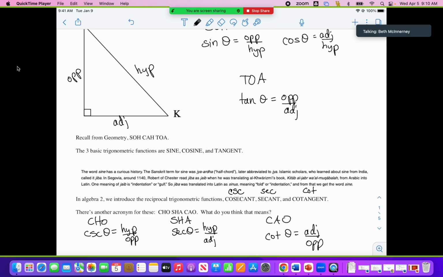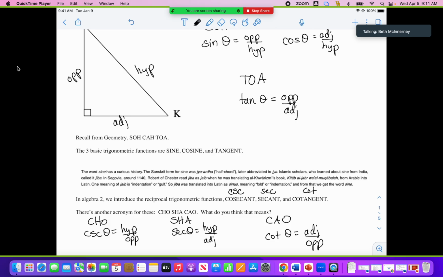Here's the big idea. Sine theta is opposite over hypotenuse. Cosecant theta is the reciprocal of sine because you flip the fraction: hypotenuse over opposite. Cosine theta is adjacent over hypotenuse. Secant theta is its reciprocal, hypotenuse over adjacent. Tangent theta is opposite over adjacent.